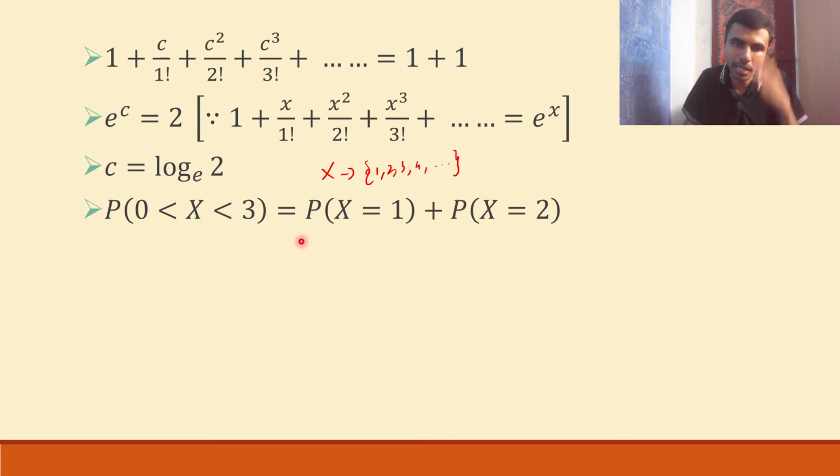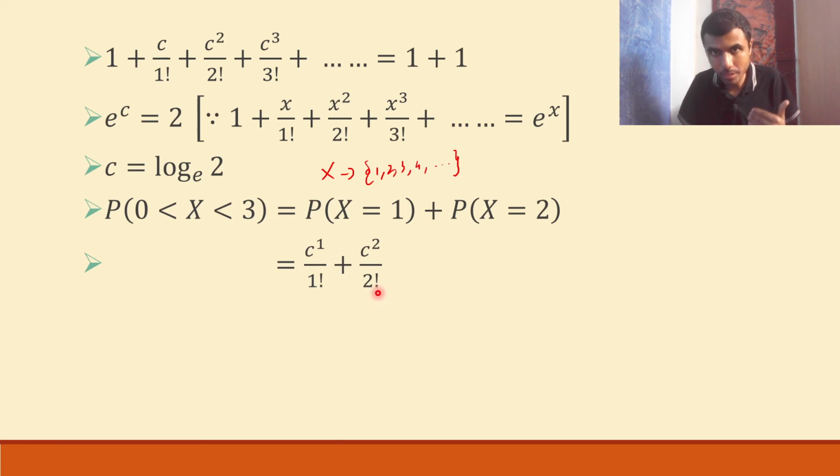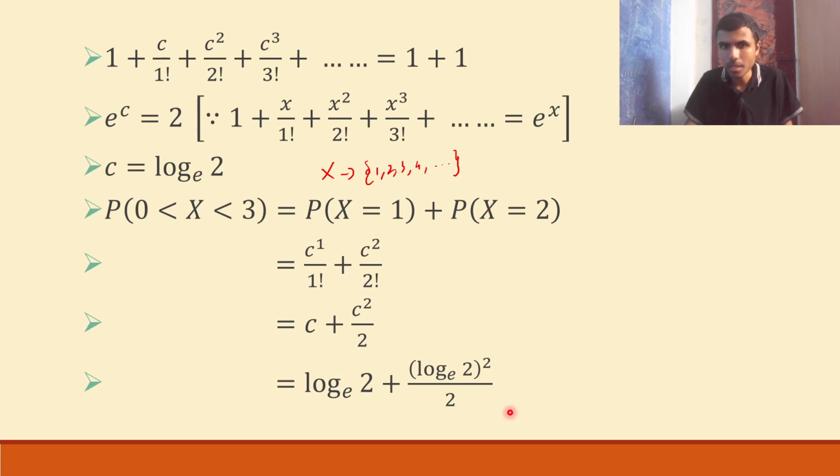So 1 and 2. So the value is nothing but the probability that X is 1 plus the probability that X is 2. The probability that X is 1 is c^1 by 1 factorial, plus c square by 2 factorial. What is c? c is log 2 base e. Just substitute it. That's the answer.